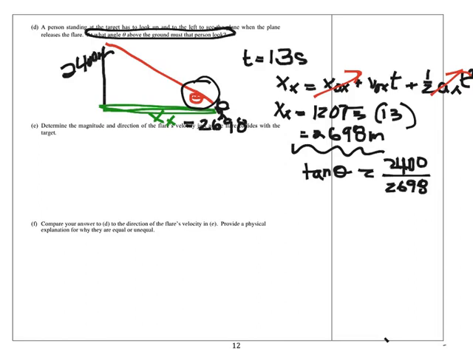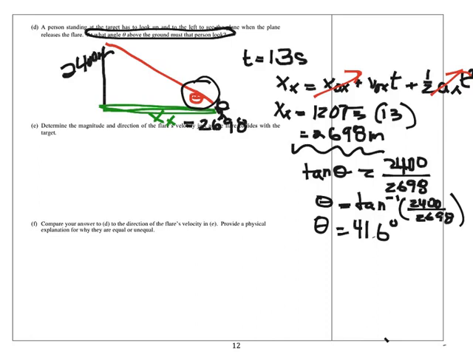I use inverse tangent, so theta is going to be tan to the minus 1 of 2400 over 2698, and I end up with theta is about 41.6 degrees.